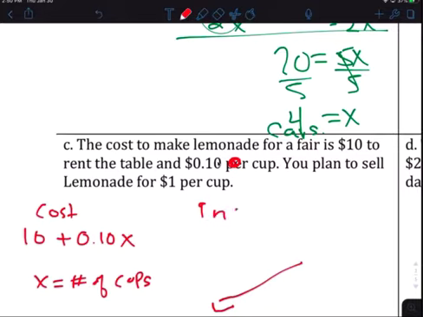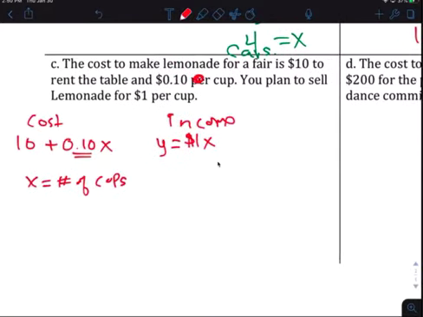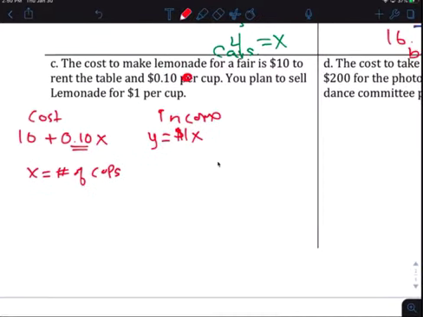Sell is an income, so $1 a cup, this is in cents, so $1 for each cup, so 1x. So y equals that, or 100 pennies. So you set the equation up. This is the equation you're using.